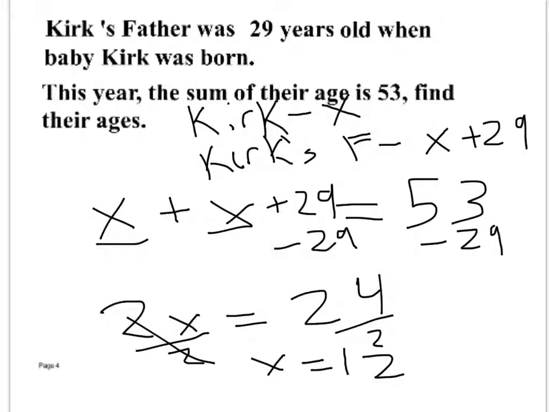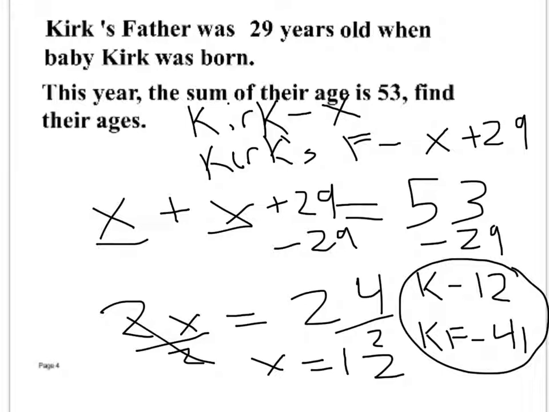So how old is Kirk? 12. Is that all we need to do, find Kirk's age, or do I need to know both ages? How old is Kirk's father? 41. 12 plus 29 is 41.